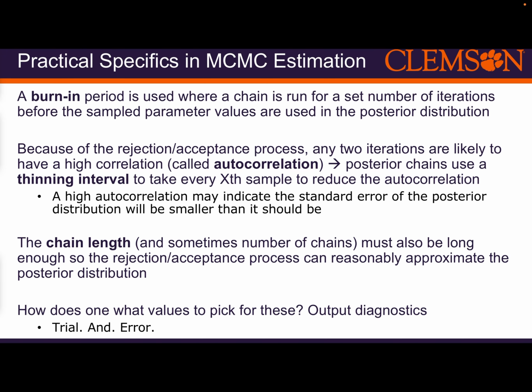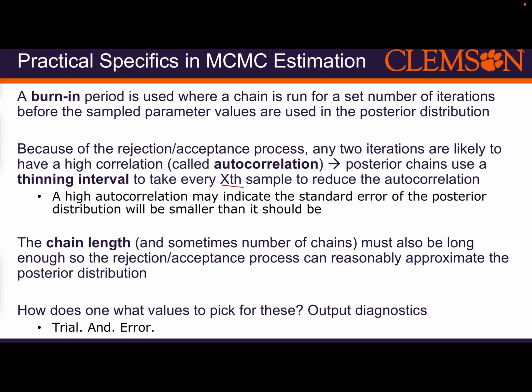So what we often do is thin the posterior chains, basically take every 5th or every 6th or whatever sample to reduce the autocorrelation. The issue with high autocorrelation is that we'll need a much longer chain to adequately sample the posterior distribution, and the standard error of the posterior distribution may not be accurate unless we run that chain long enough. The other thing we need to think about is chain length, right?